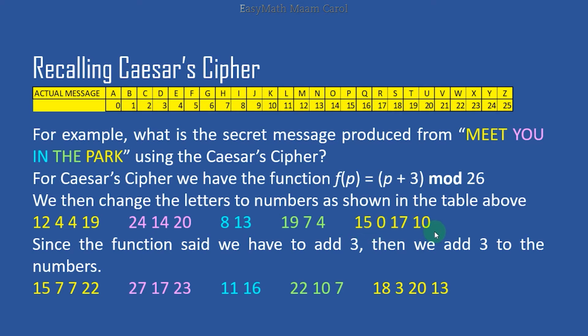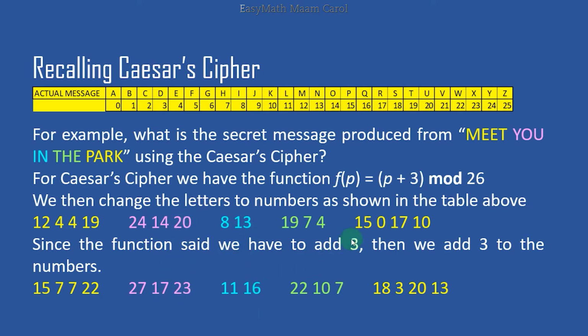So, all the letters have been replaced by numbers. Now, let's continue, because later on we will make this into a particular code. According to the function, you have to add 3 to each and every one of these numbers. So, 12 plus 3 becomes 15. 4 plus 3 is 7. 4 plus 3 is 7 again. 19 plus 3 is 22. 24 plus 3 is 27. 14 plus 3 is 17. 20 plus 3 is 23.